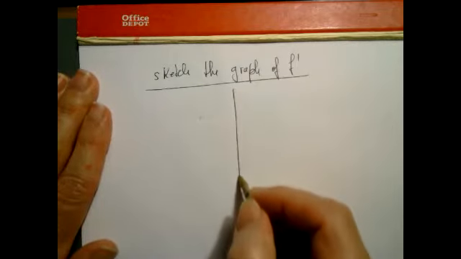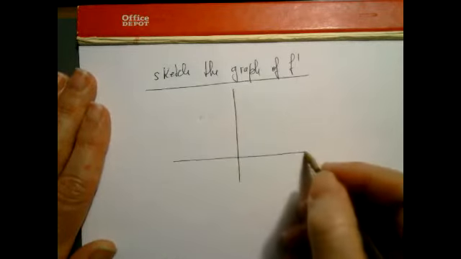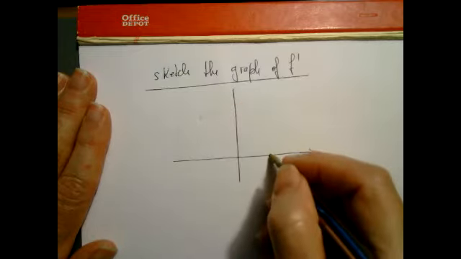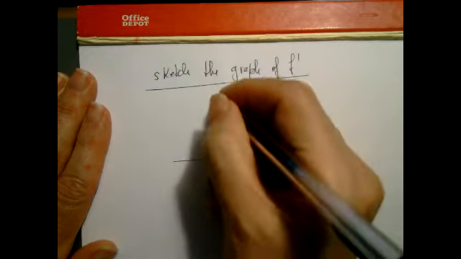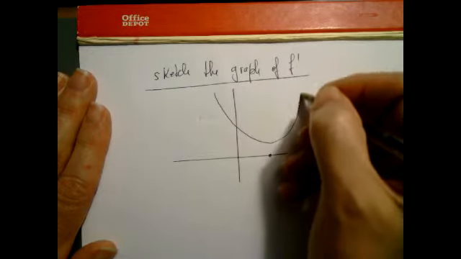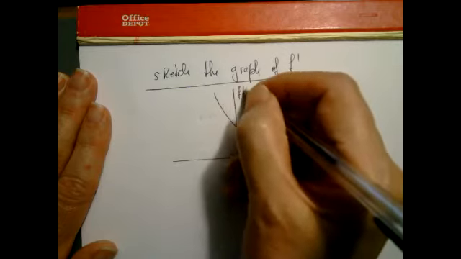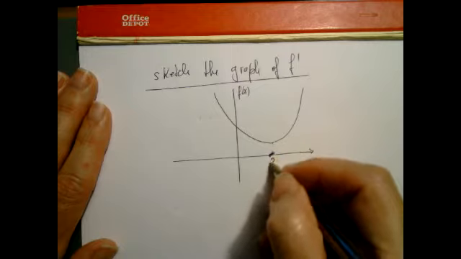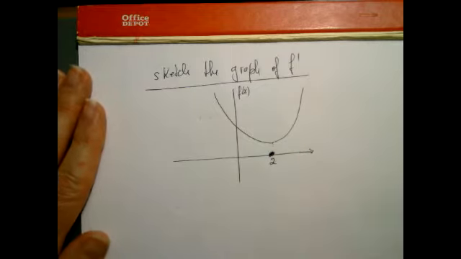Suppose I take a function here, and let's see how my function is. It bottoms up here, and that's my function f of x. Let me give it number 2. Now sketch the graph of f prime.